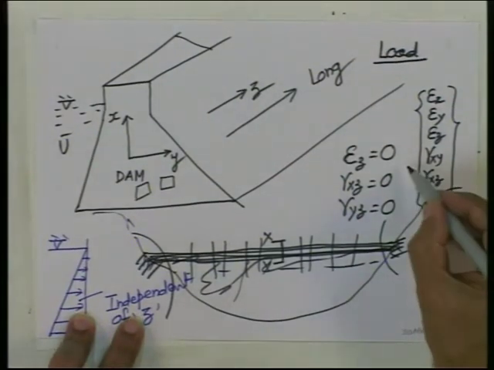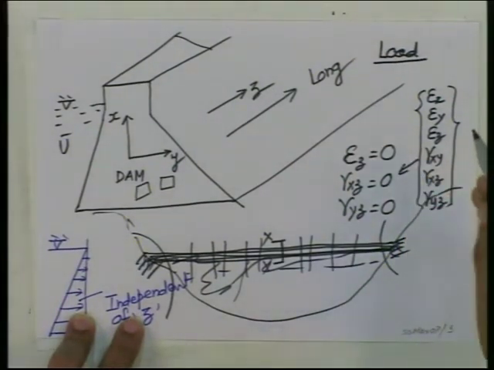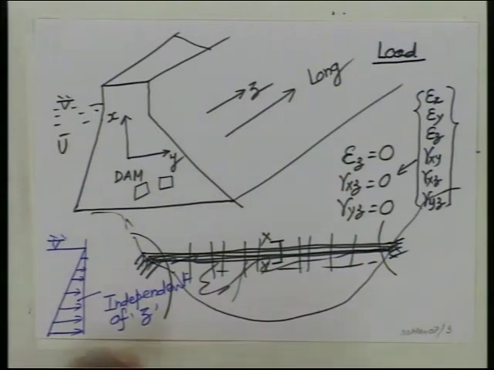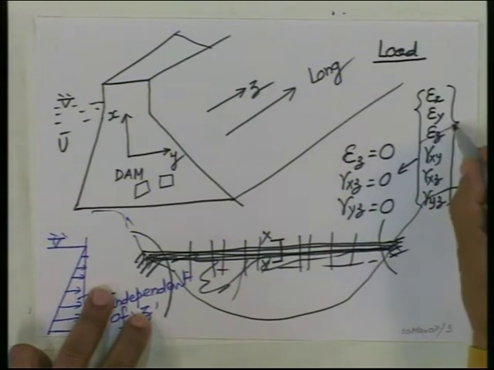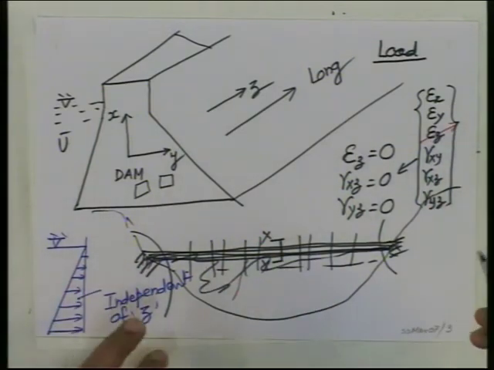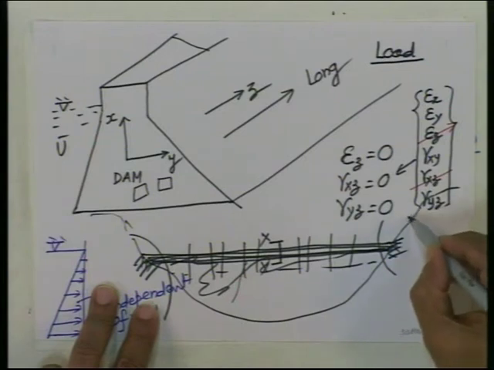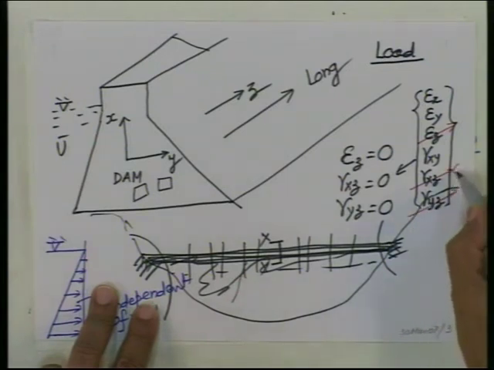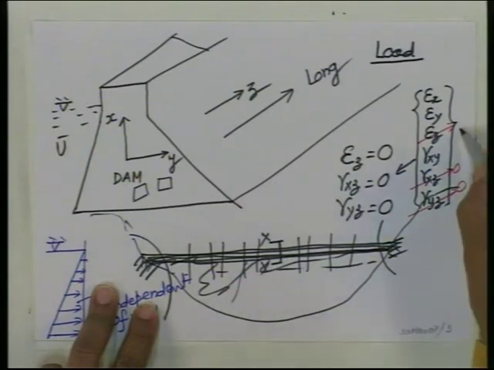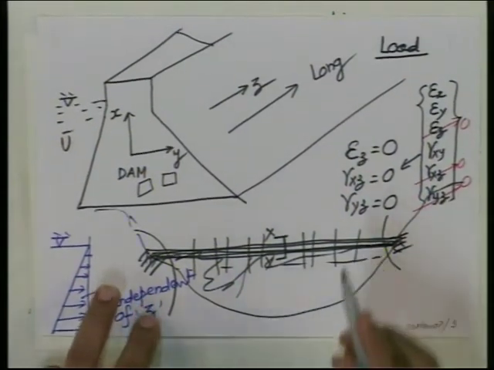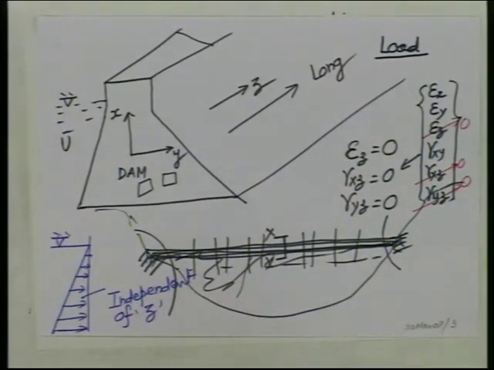From this you will find that this one is 0. This one, because of constraint, will always be maintained at 90 degrees, and this also will maintain 90 degrees. So, they become 0. You are left with only 3 non-zero.